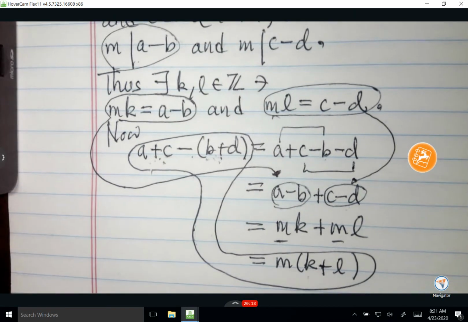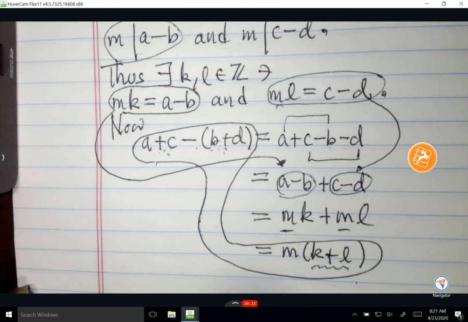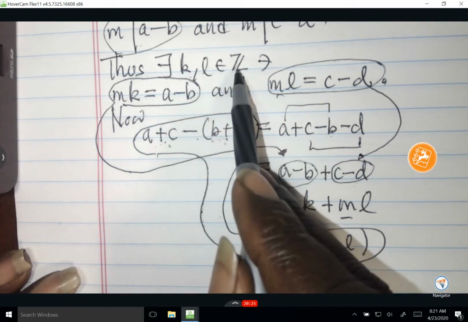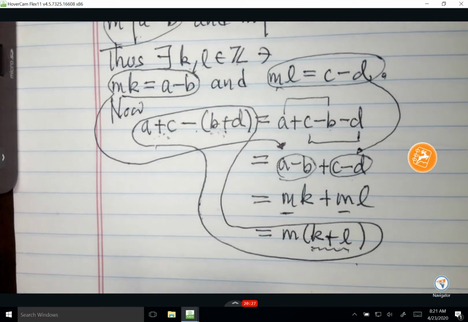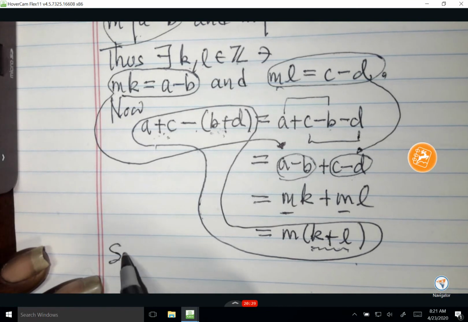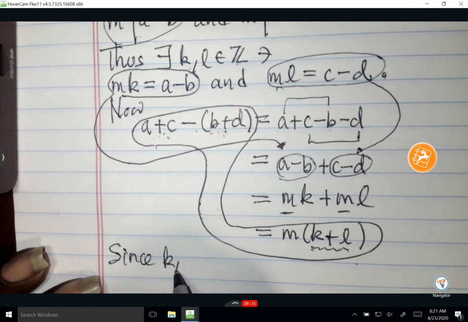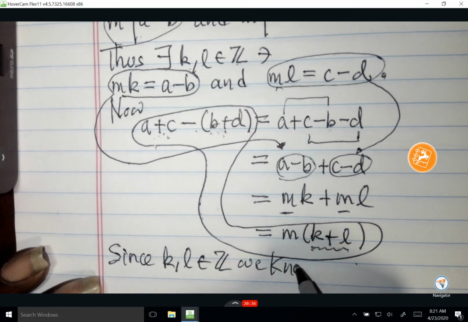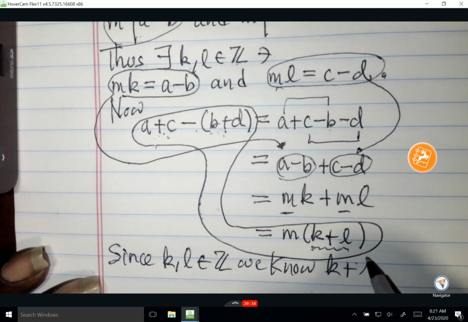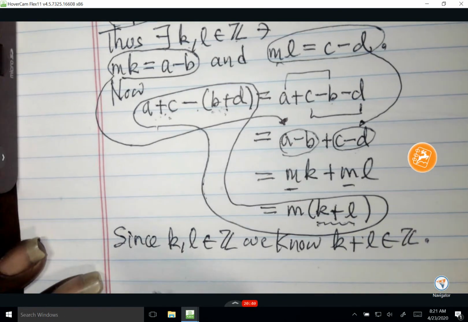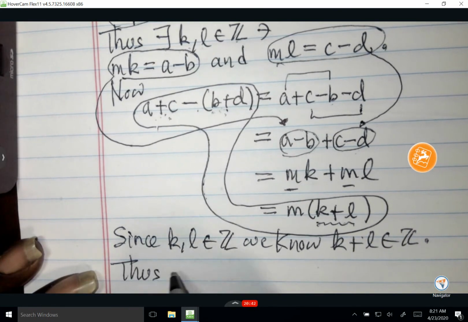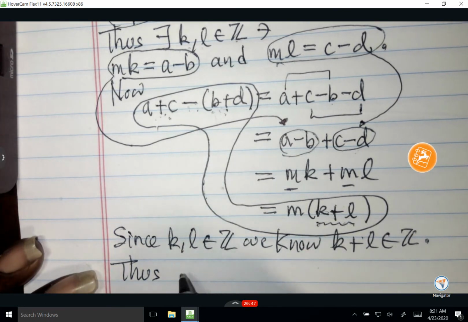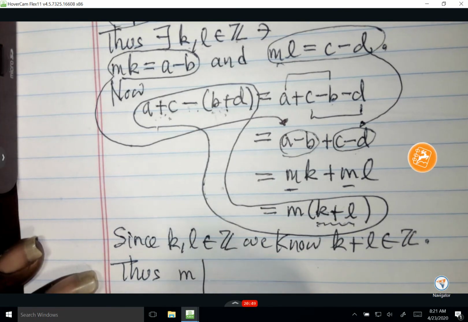So as long as you explain why that's an integer, then you have it. And it is because k and l were integers here. When you add two integers, you always get an integer. So since k and l were integers, we know k plus l is an integer. So you can say, thus, from this equality in the big bubble, m divides their difference.